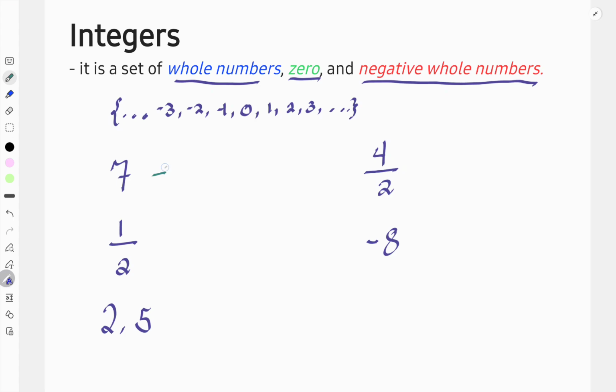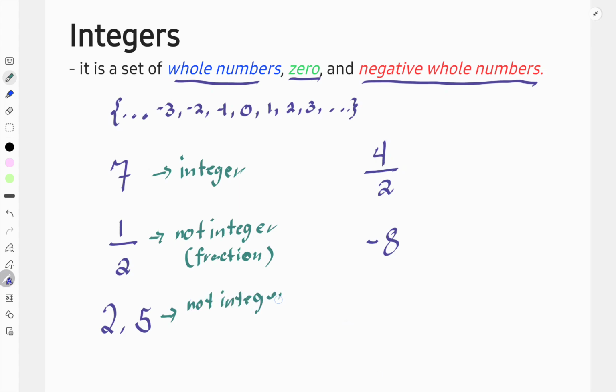So we can say 7 is an integer because it is a whole number, right? 1/2, not integer, because we can say it is a fraction. Now, 2.5, that is not integer because it is a decimal.